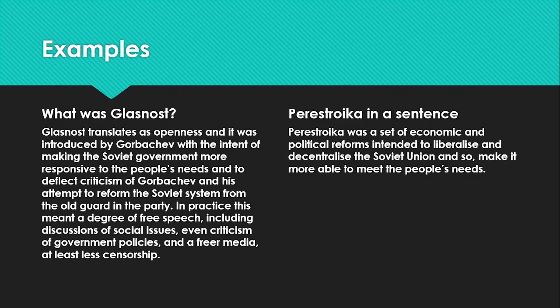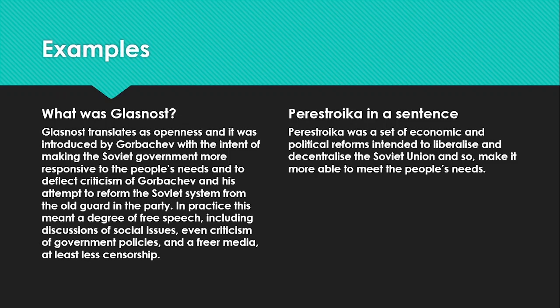But let's end by an example of what I'm asking you to practice. And let's use the two concepts in that last question, glasnost and perestroika. Now we also have an A question in that set. What was glasnost?